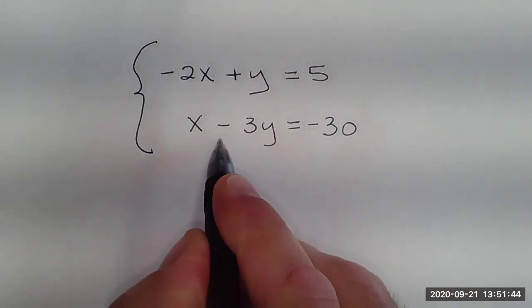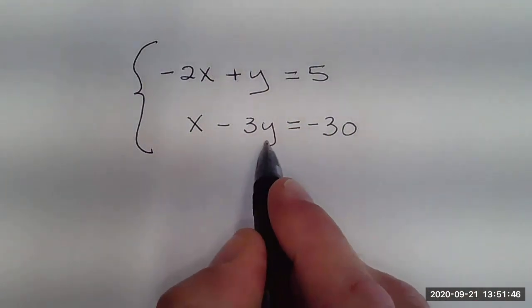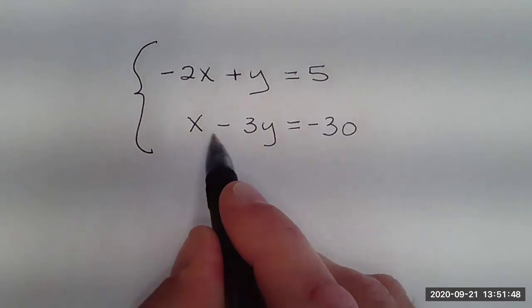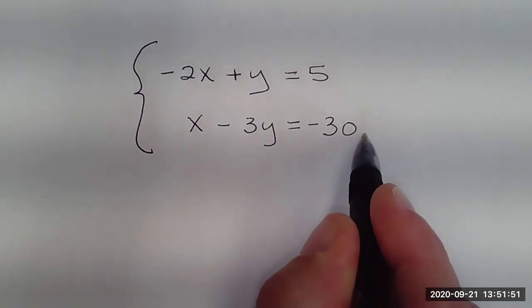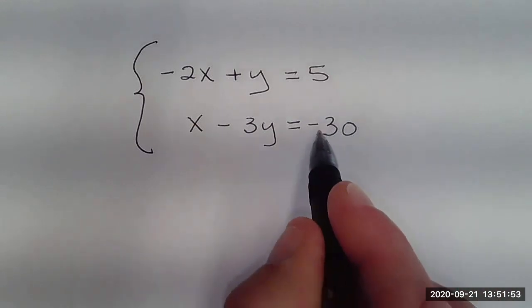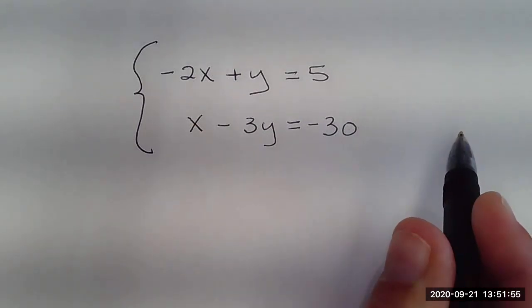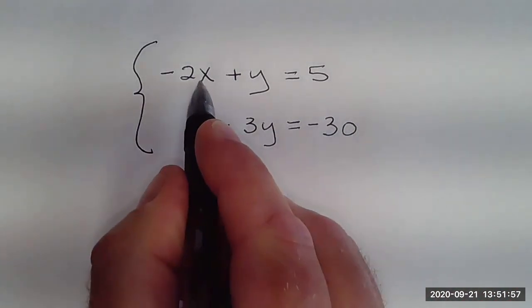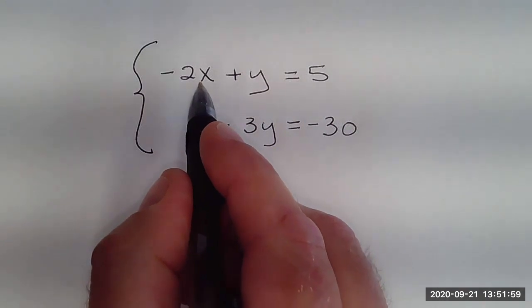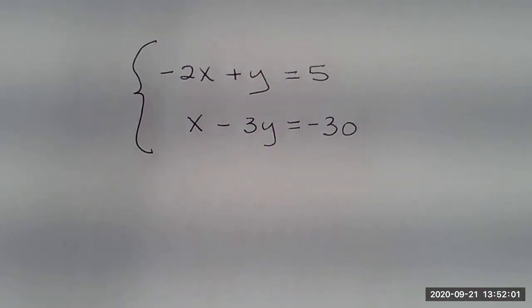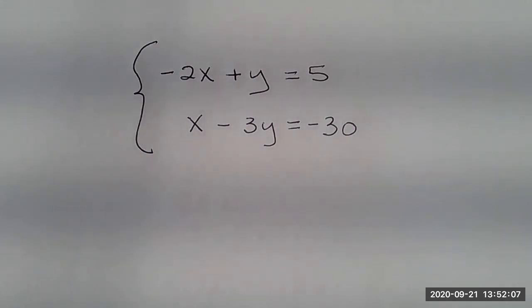You could add 3y to both sides and you would have x equals negative 30 plus 3y. Negative 30 plus 3y could be substituted in for x in this equation. Two ways to solve this problem. Give it a try and see what you come up with. Pause the video and attempt the work.